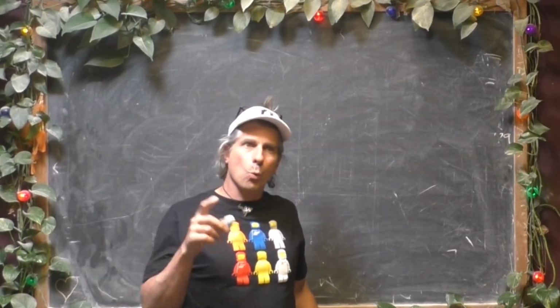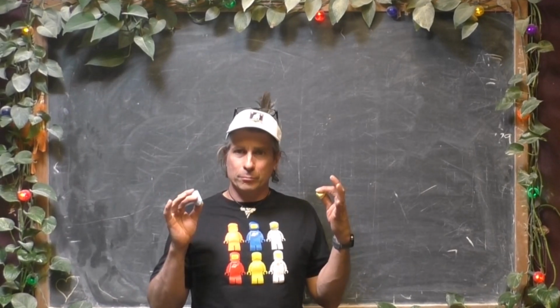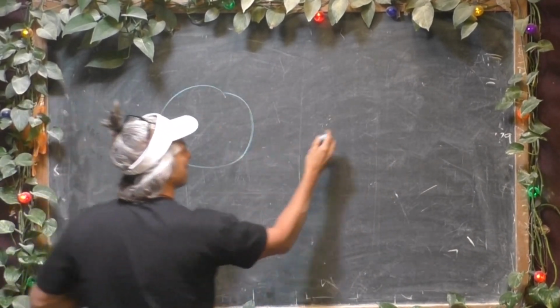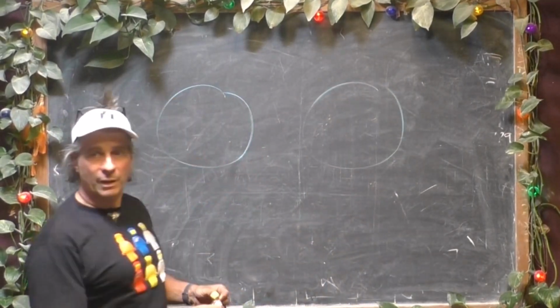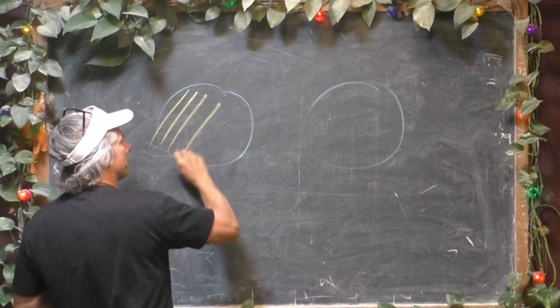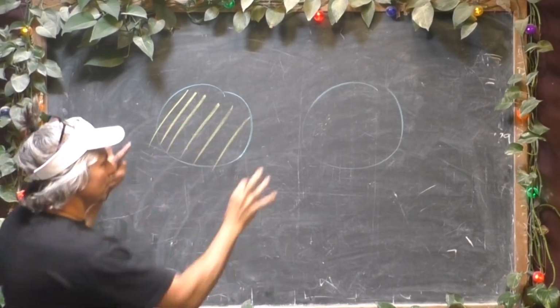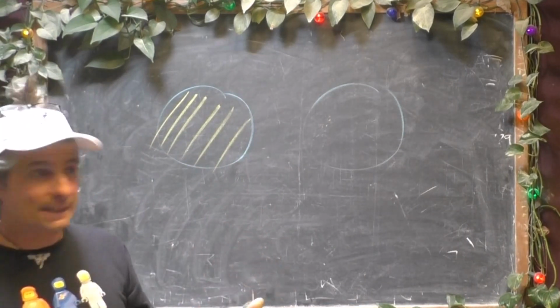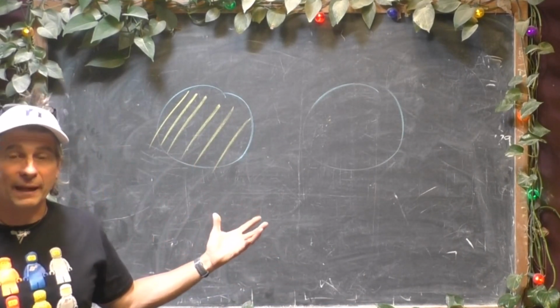I know what some of you might be thinking. Rather than having one circle stand for 2 pieces, why not just have 2 circles? And that's the whole. And then shade one of them. And that's 1 out of the 2. If you're thinking that, that is a fantastic idea. There's absolutely nothing wrong with that idea.